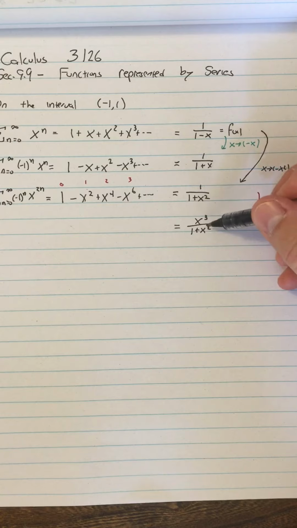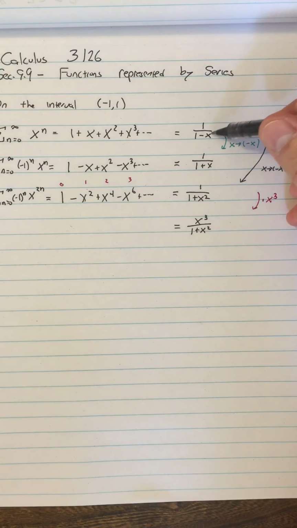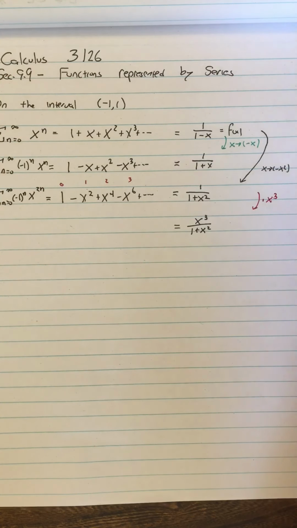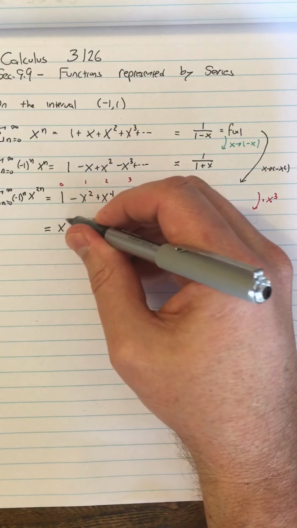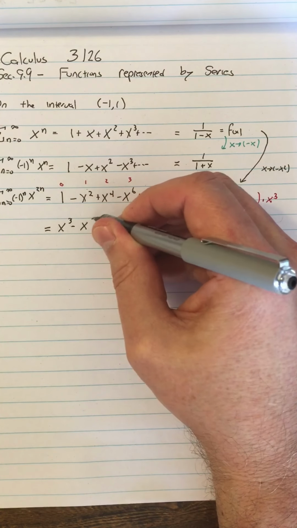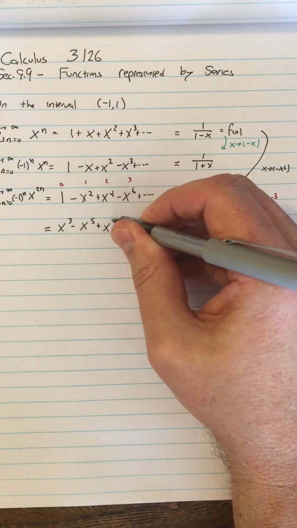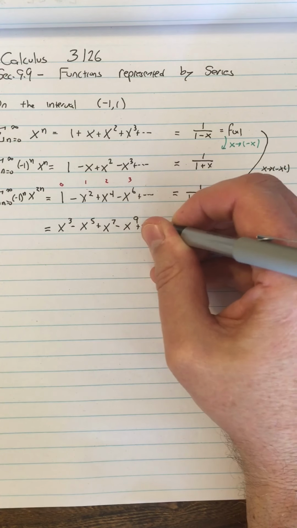I chose to do it to this one, but we could have multiplied the other one by x cubed using the same process. So then I can just multiply all the terms by x cubed. So I'm going to have x cubed minus x fifth plus x seventh minus x ninth plus etc.